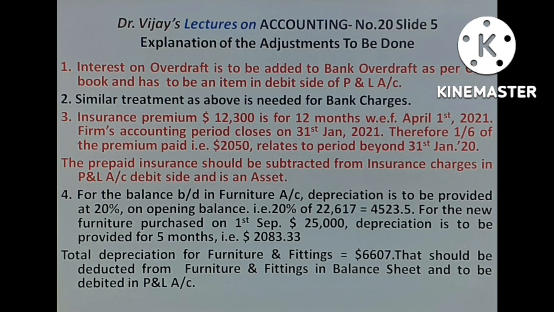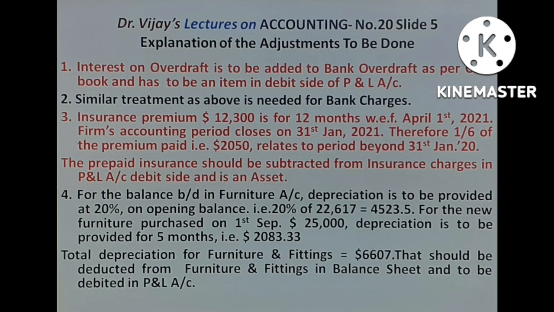Next, the fourth adjustment. For the balance brought down in furniture account, depreciation should be provided 20% under opening balance. That is 20% of 22,607. From the total balance of furniture given in trial balance, 25,000 is subtracted and we get 22,607. That is a furniture which was there at the firm from very beginning.